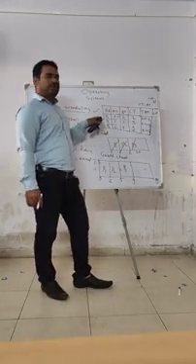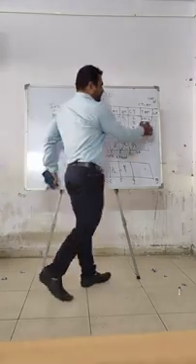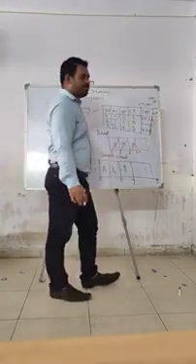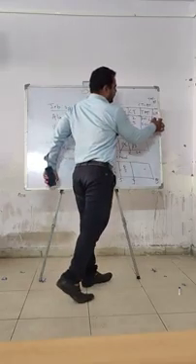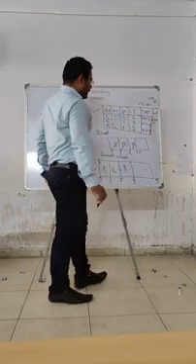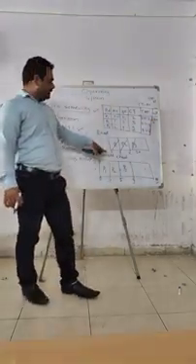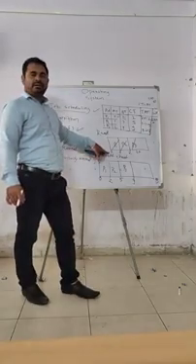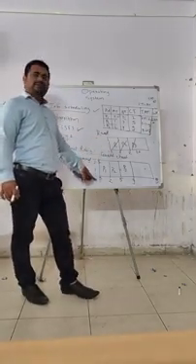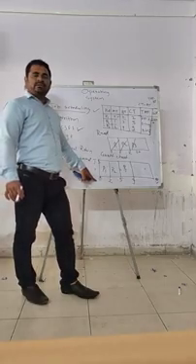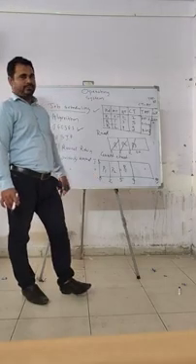We take the turnaround time of P1, that is 2, and burst time of P1, that is also 2. 2 minus 2 will be 0. It means that process P1 comes into the ready queue at 0 milliseconds and it gets the CPU at 0 milliseconds. It means that it didn't wait in the ready queue for long.